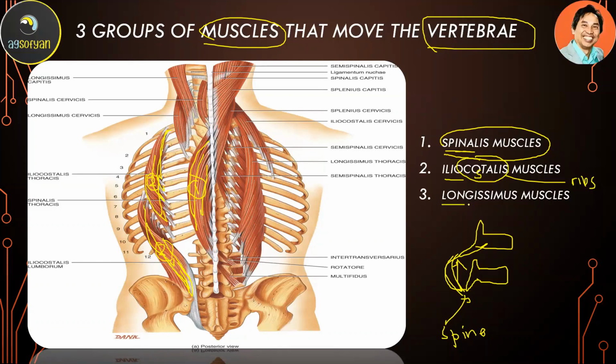And the last one is the longissimus. This is a long muscle from the top to the bottom. So this is the longissimus muscle. These three groups of muscle make us able to move our back, bend our back left and right, back and forth, up and down. So these are the three groups of muscle that perform these types of actions.